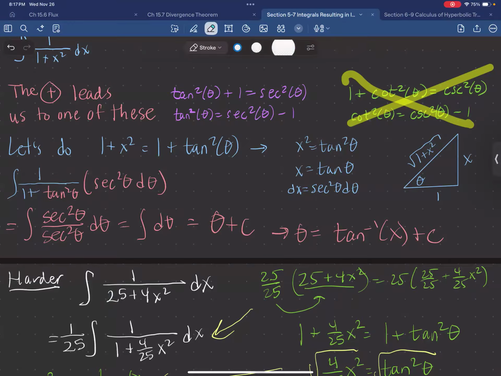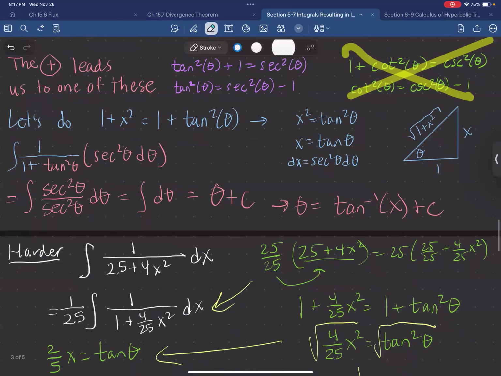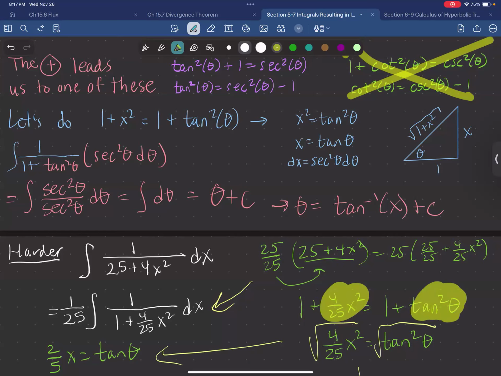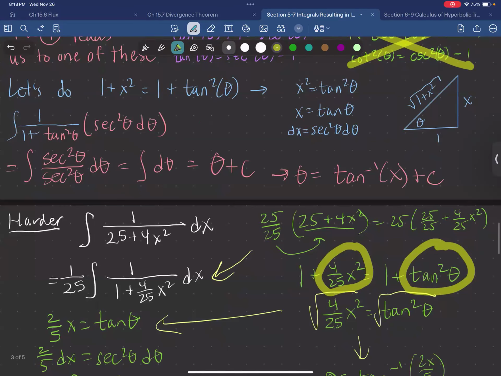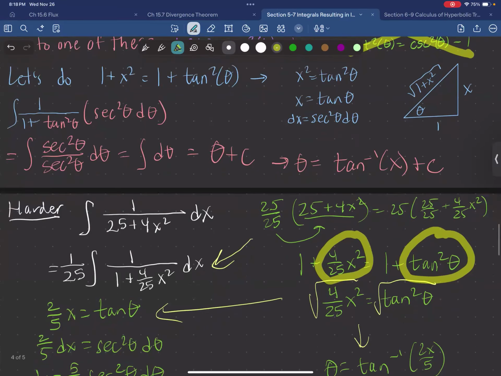tangent squared, which means this equals that. So we take the square root of both sides, we get 2/5 x equals tangent theta. Take the derivative, we get our differentials. 2/5 dx equals secant squared theta d theta.